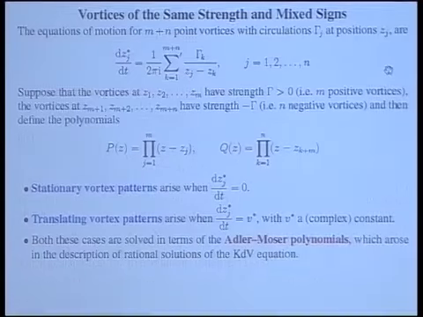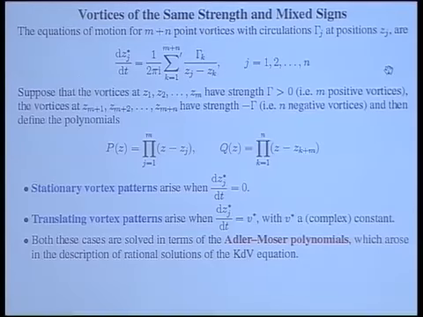Anyways. So now I'm going to first consider the case of vortices of the same strength and mixed signs. So you've now got m plus n point vortices. And I'm going to suppose the vortices at z_1 to z_m have strength gamma, which is positive, and the vortices at z_{m+1} to z_{m+n} have strength minus gamma, so you have n negative vortices.